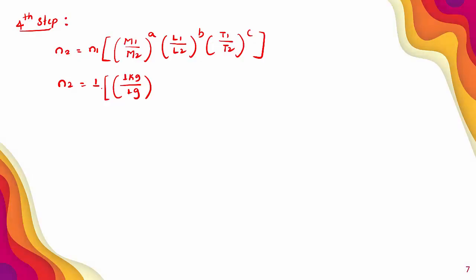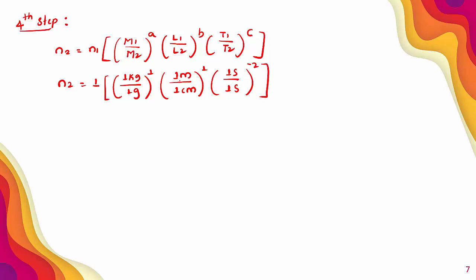Similarly, L1 by L2, 1 meter divided by 1 centimeter raised to B equal to 1. Then T1 by T2, 1 second over 1 second raised to C, where C equal to minus 2.